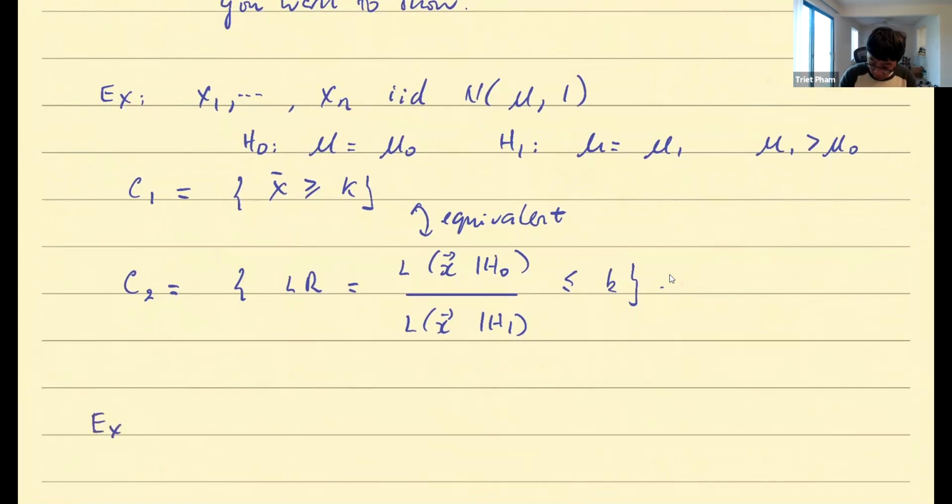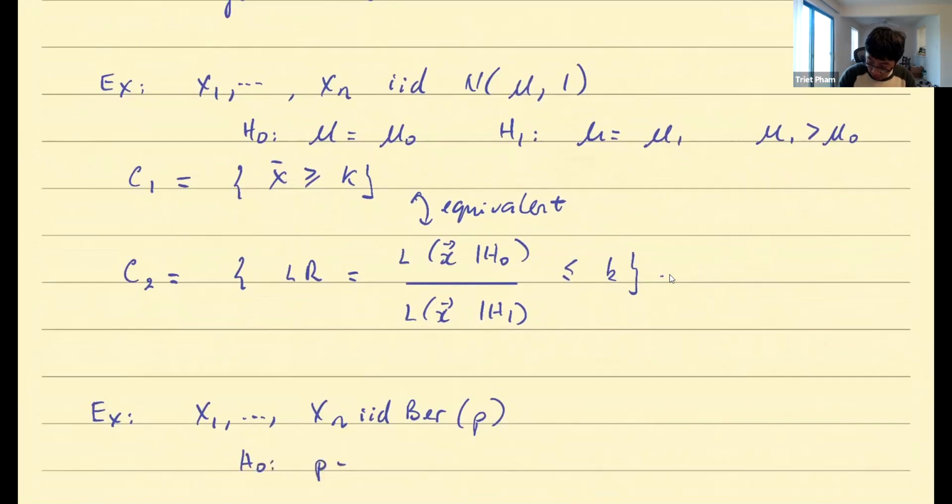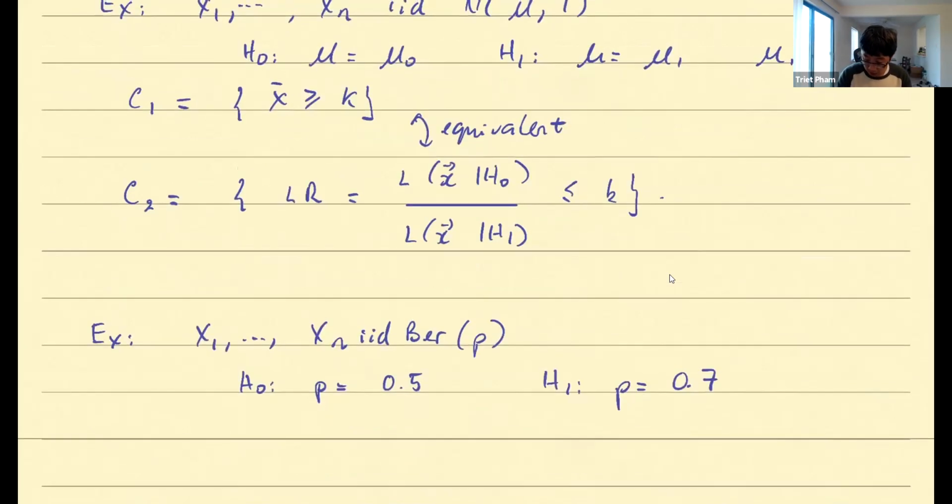Another example is exactly the simulation we talked about just recently. Suppose these are IID Bernoulli P. The null is P equals 0.5. Your alternative is P equals 0.7. Now, tell me, what is the intuitive rejection region here? What is C?